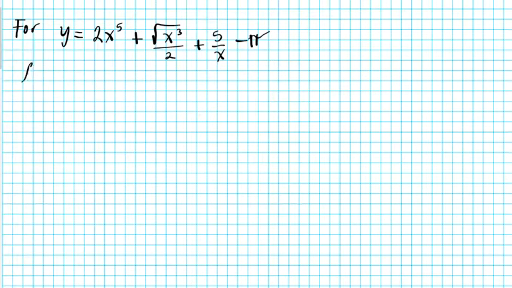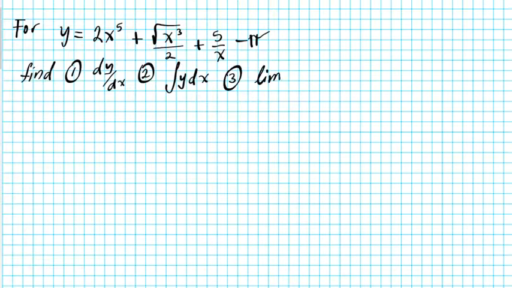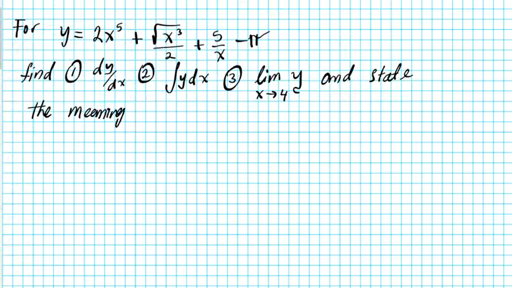We're going to find part 1, dy dx, part 2, the integral of y with respect to x, and then part 3, the limit as x approaches 4 of y, and state the meaning of each result.